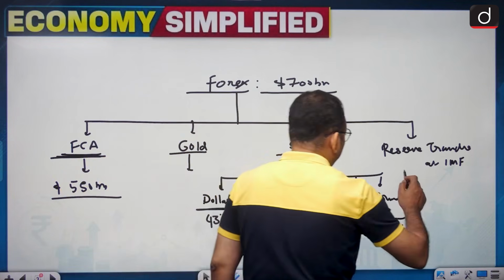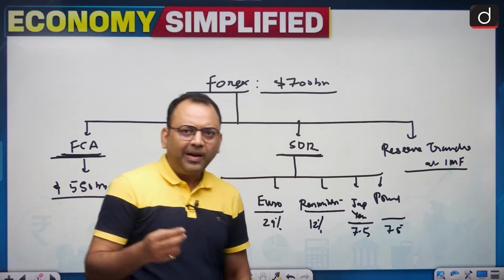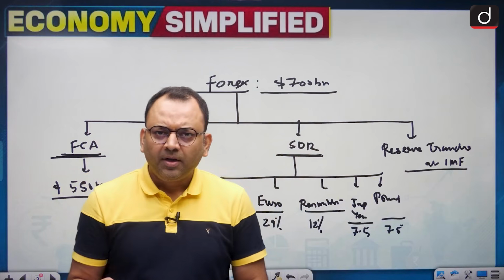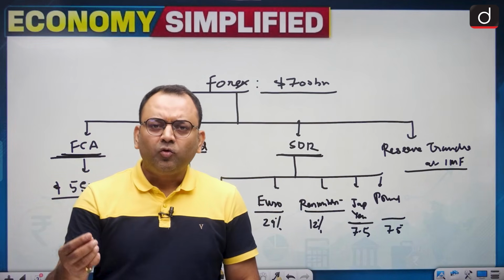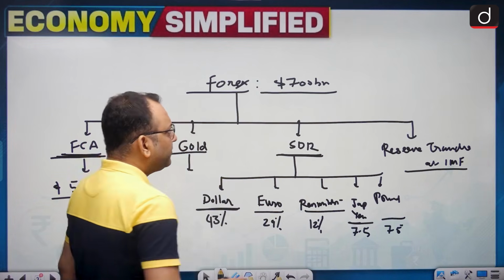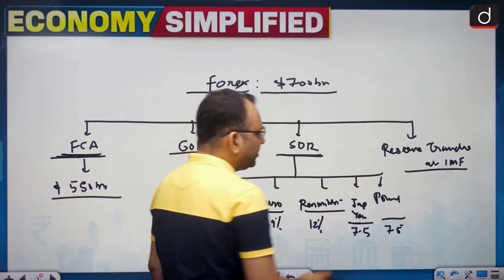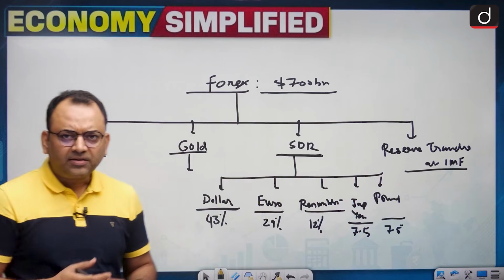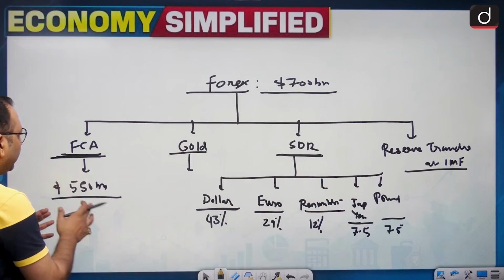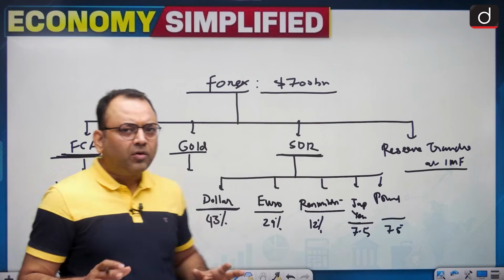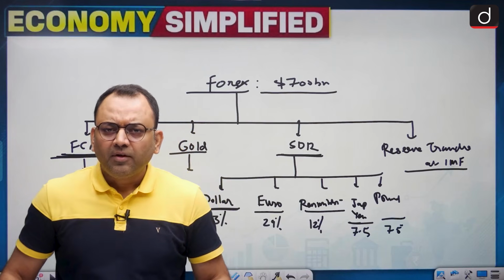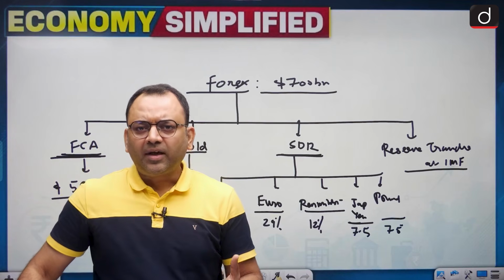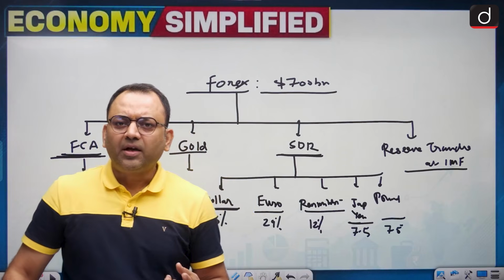And the reserve tranche at the IMF means a kind of balance that we have at the IMF, which we can withdraw at any time without any charge in case we need to make some payments. So India's Forex is about the reserve tranche at the IMF, the SDR, the gold and the FCA. These are the components of Forex, and the amount of Forex we have helps India strengthen its external payments, because Forex is used to make payments.